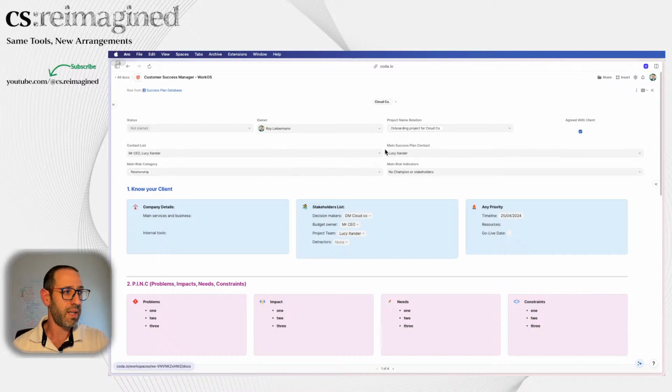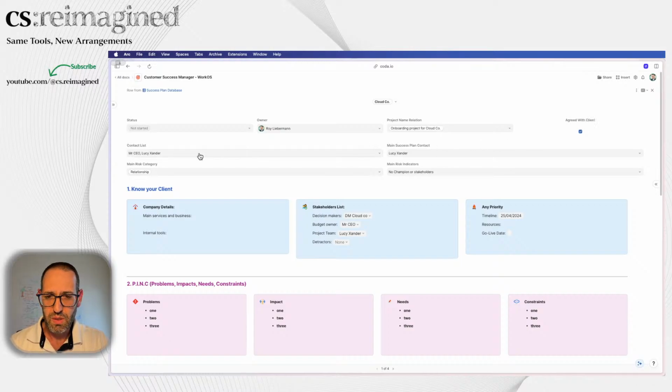The way we can build it is, first of all, to understand the status of this one. If we just started with it, it will always be either not started or inbox. Who is the owner? If they have any project related to that particular success plan, we can mention it in here, whether it was agreed with our customer and so on.